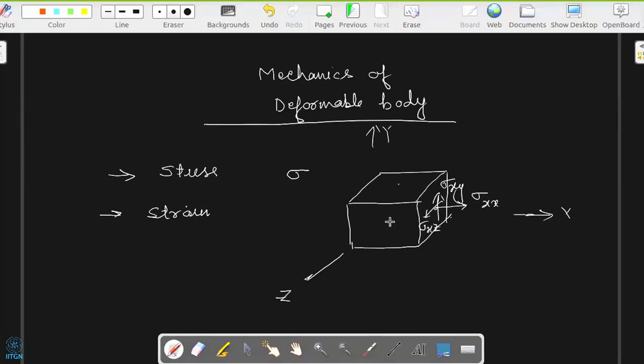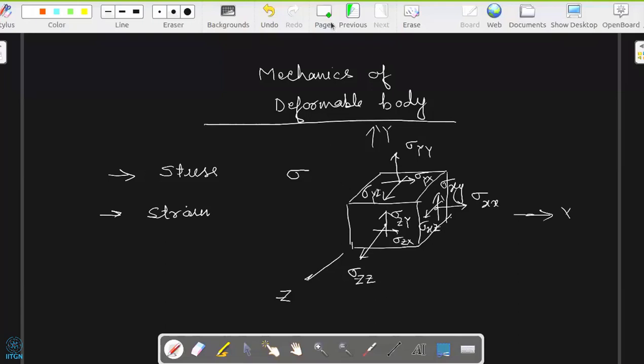Here tau xy is also used, or sigma xy, so both notations are being used. Sigma yy, sigma yz, sigma yx, sigma zz, then we have sigma zy, and sigma zx. So if you see, we have 9 components of a stress.